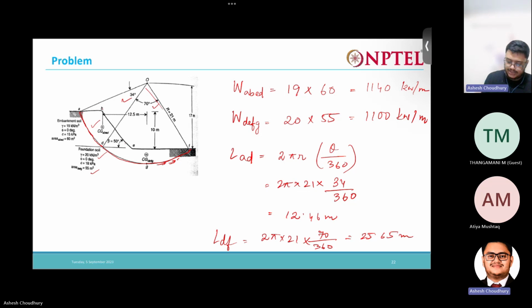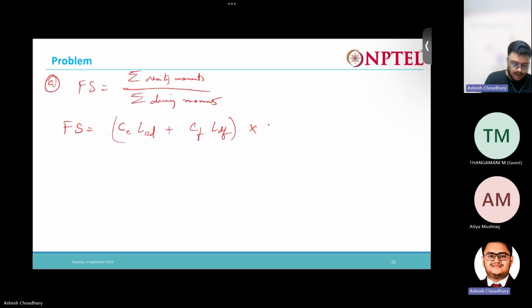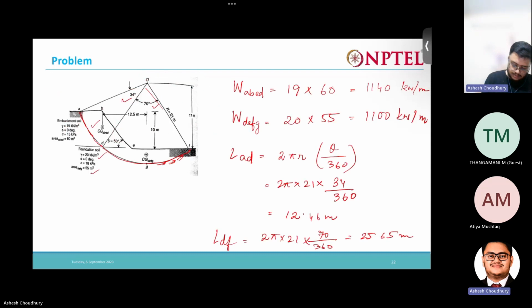Cohesion times length gives the force, times r gives us the moment. What are the driving moments? The weights, acting at the CGs.